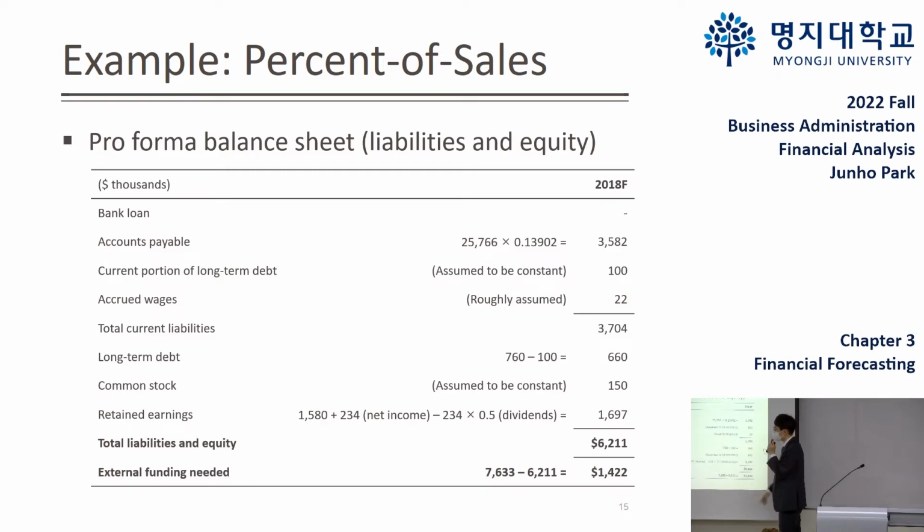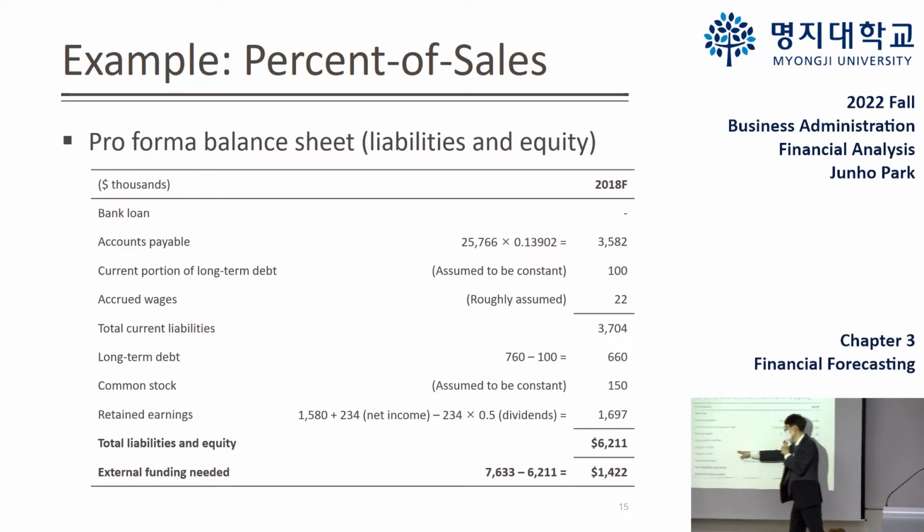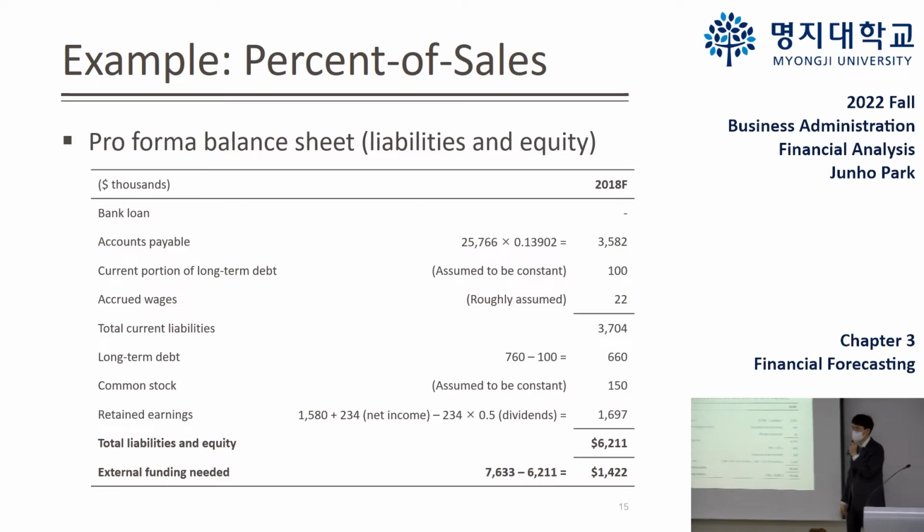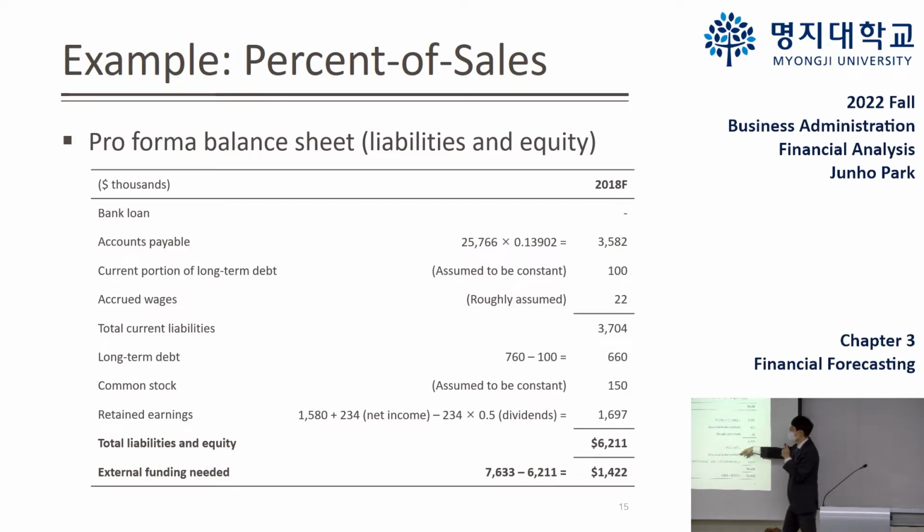And then I get current liabilities. And because I had long-term debt of 760 in the last year, but in the next year I'm going to pay back $100 of it, I have to get rid of 100, and the remainder will be 660.